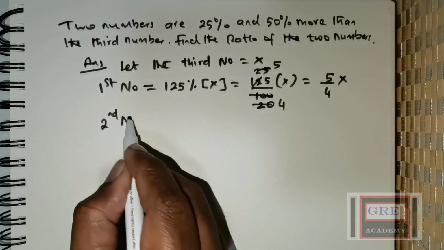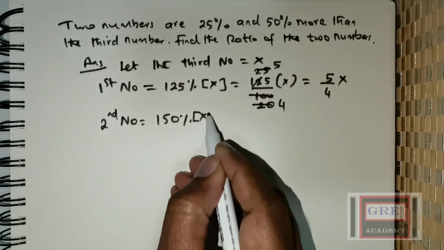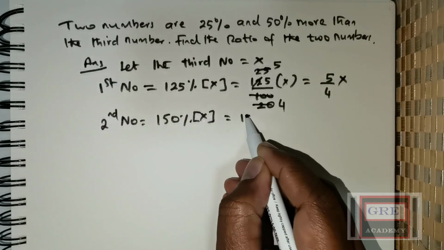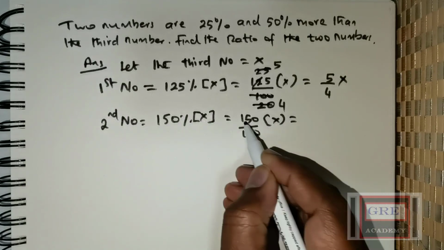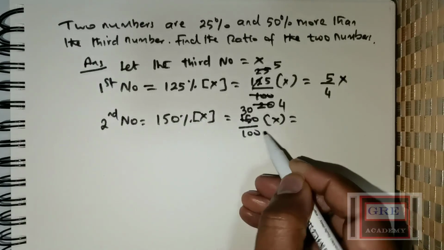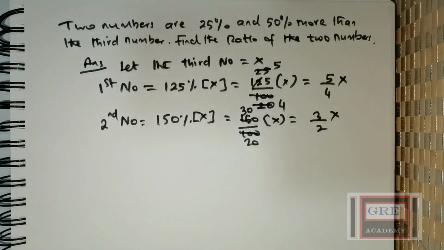So my second number will be 150% of x. So that's going to be 150 divided by 100 of x. Using 5 is going to be 30 there and 20 there, and this is going to be 3 over 2 of x.